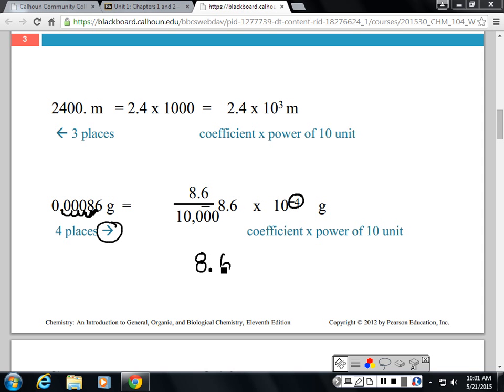Notice how I didn't move it past the 6. I moved it past the first non-zero digit, times 10, and that's our power, to the negative 4th. If you put just a 4 there and not negative, then you're saying that you have a really big number. So when you have small numbers, you end up with that negative, meaning that you moved your decimal to the right.